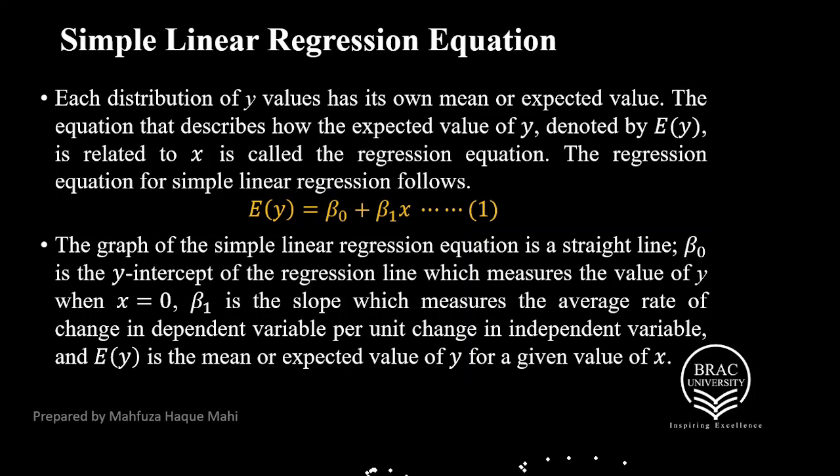The graph of the simple linear regression equation is a straight line. Beta 0 is the y-intercept of the regression line, which measures the value of y when x equals 0. Beta 1 is the slope, which measures the average rate of change in the dependent variable per unit change in the independent variable. And E of y is the mean value of y for a given value of x.